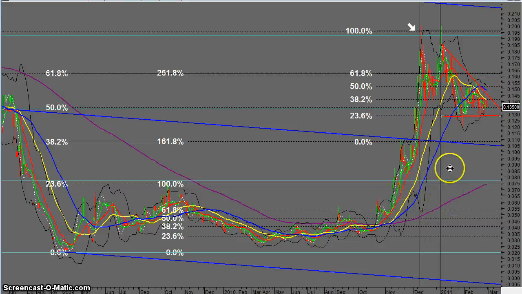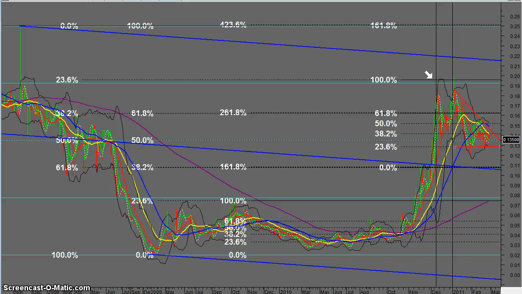What we'd also note here is that we do have a lower gap to fill, and the gap is pretty close to our 61.8. So this one, just by looking at the chart and the moving averages, I'd be thinking could break down, so I'd be aware of that. The risk factor would be in here around about 11 cents, I'd say.